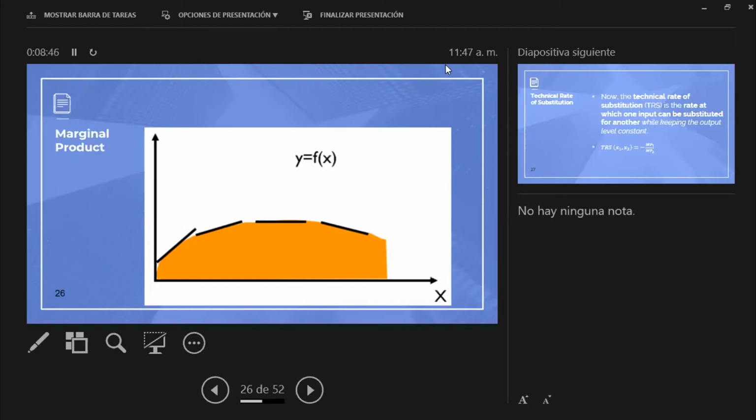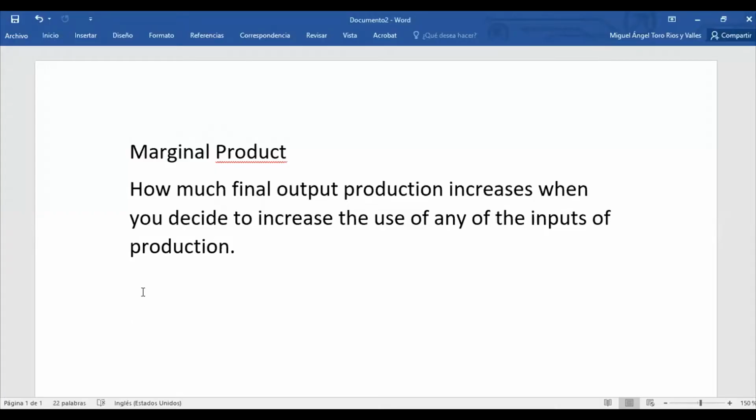So I'm going to stop sharing this screen and share the Word document again to write that definition, that particular point.